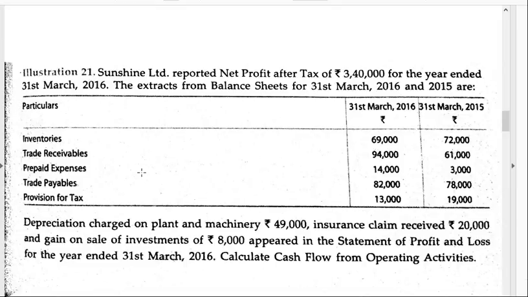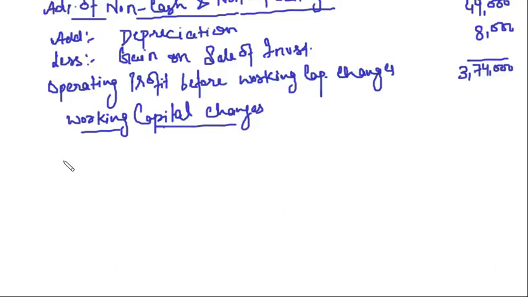Now, the decrease in current asset will be added back or subtracted? Remember the rule. Current assets move in opposite direction and current liabilities move in the same direction. The fall in current assets will be added back. So, I will add back inventories to the extent of 3,000. Right?